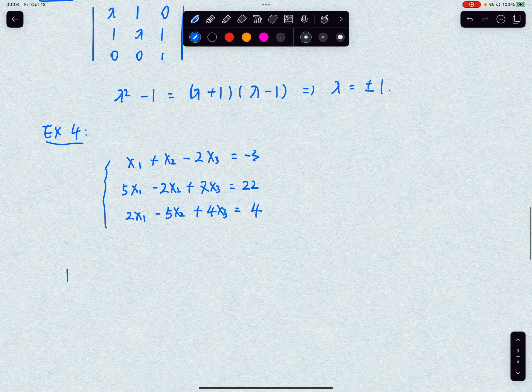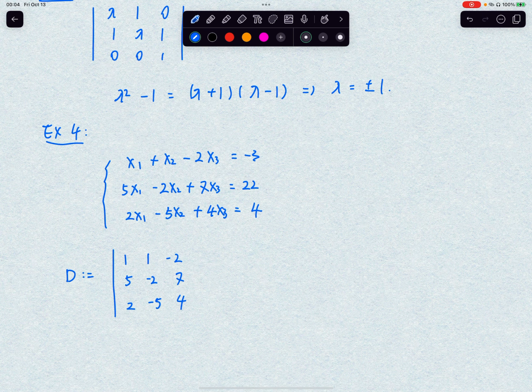So we still write it in determinant form. We have 1, 1, minus 2; 5, minus 2, 7; 2, minus 5, and 4.